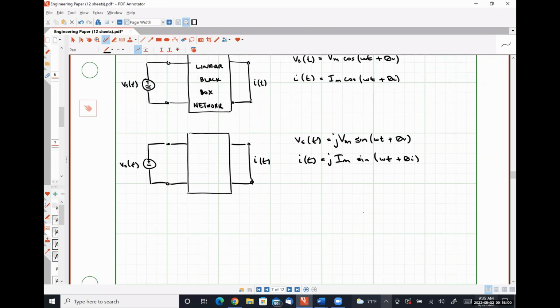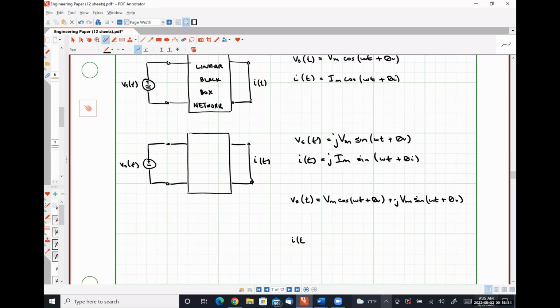So if we take our linear black box network a third time, and I'm not going to bother drawing this, but let's say that we applied a voltage Vs of t that was Vm cosine omega t plus theta v plus j Vm sine omega t plus theta v.